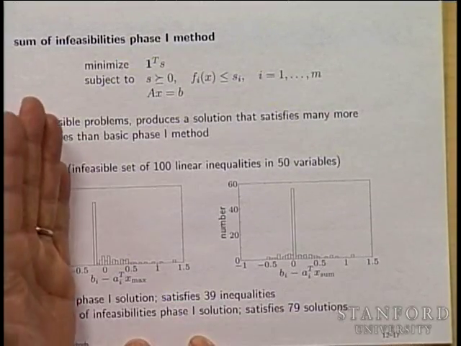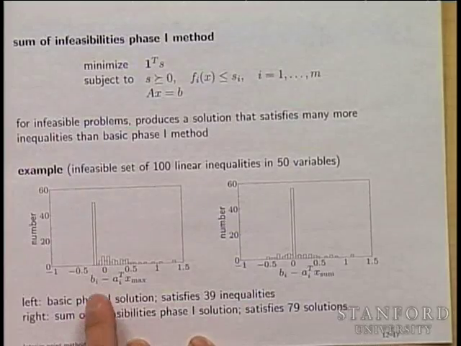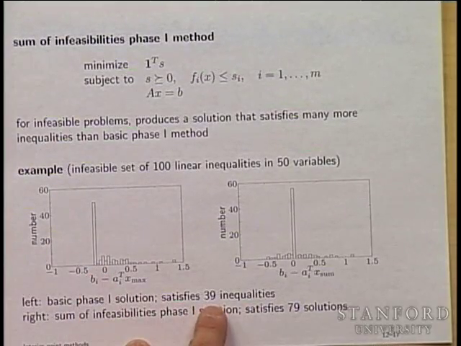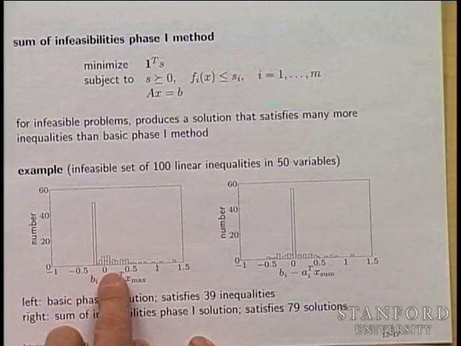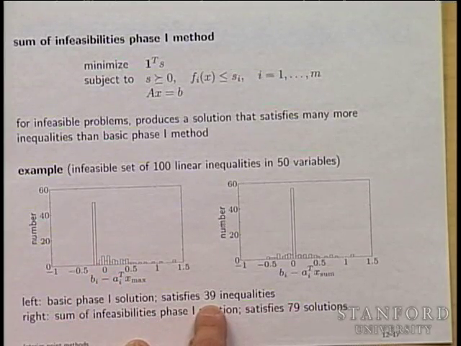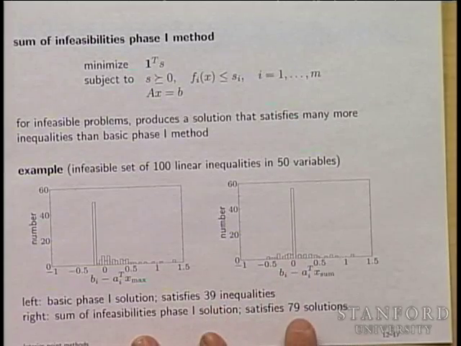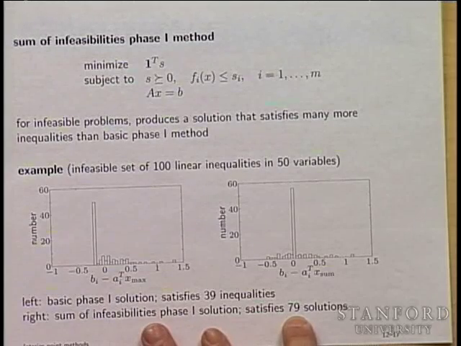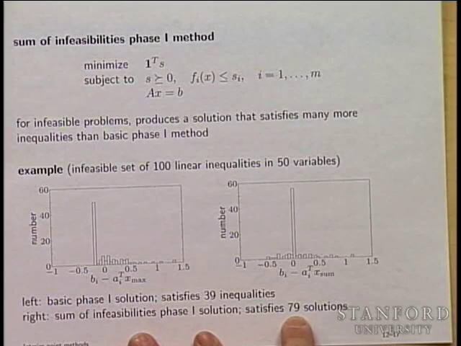When you push these up here, you get to the point where basically most inequalities are violated. So this is the basic phase 1. When you do a sum of infeasibilities, you identify there's only 21 in the end that are violated. Is 21 the minimum number of constraints that can be violated? Who knows? No one knows. But it's a heuristic for violating just a few.